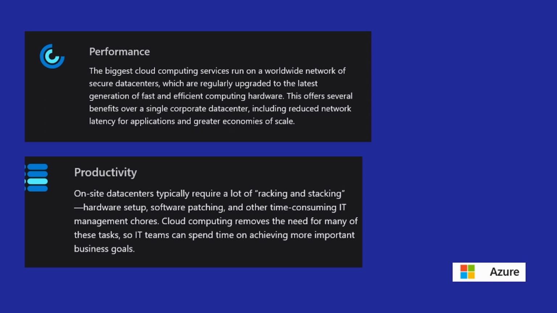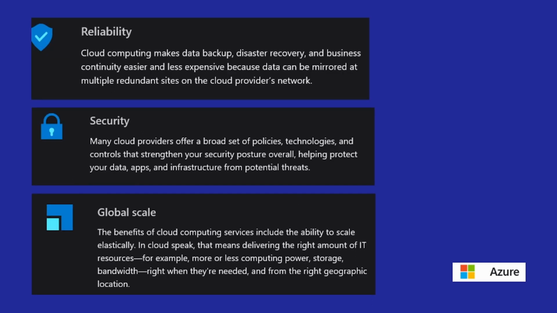On-site data centers typically require a lot of racking and stacking, hardware setup, software patching, and other time-consuming IT management chores. With cloud computing, it removes the need for many of these tasks, so IT teams can spend time on achieving more important business goals. Software patching, hardware setup, it's all the worry of the cloud service provider now.